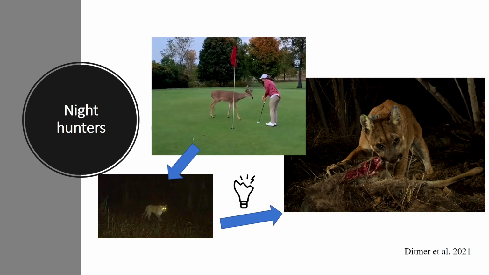And this is important because a recent study found that puma prey, like deer, visit human-dominated landscapes, like golf courses, especially during the night, to feed there. And pumas follow their prey and usually catch them in the darkest points of these, on the contrary, brighter areas.